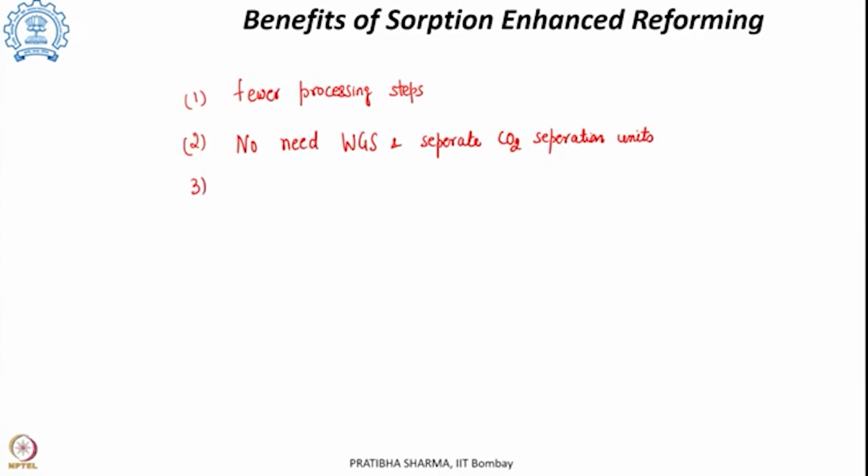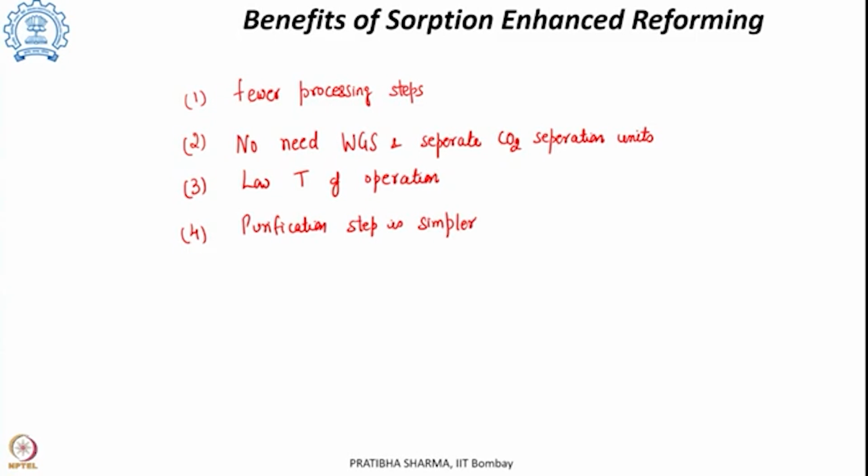At the same time, we have seen that the reaction conditions are comparatively milder. So the operation temperature is low, and the purification stage is simple compared to the conventional reforming method.